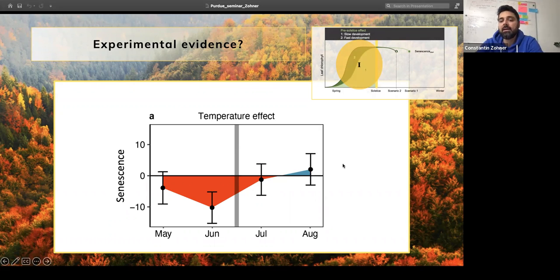I didn't test later stages, but if we would reduce temperature in September, I'm pretty sure you would see the opposite, namely that it would lead to an advance in senescence rather than a delay if you cool the trees. So we really see that this pre-solstice productivity effect consistently holds across experiments and long-term remote sensing, as well as observational data.